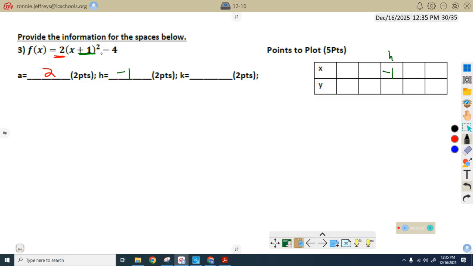And K is whatever is written. H is the only one that's backwards. It's weird. Now, if you need help with the X or Y's on the exam, let me know. We can probably step through it.